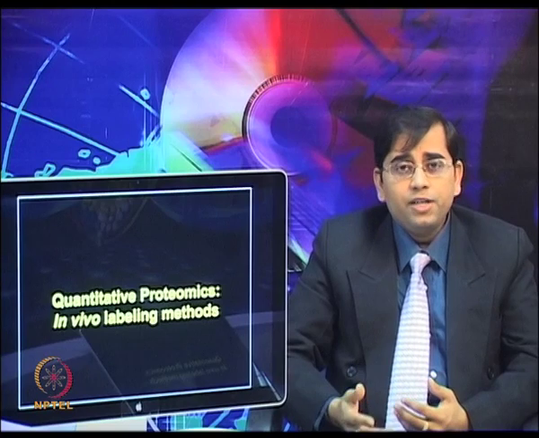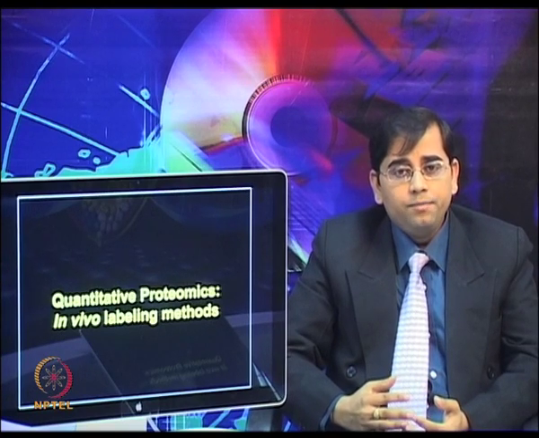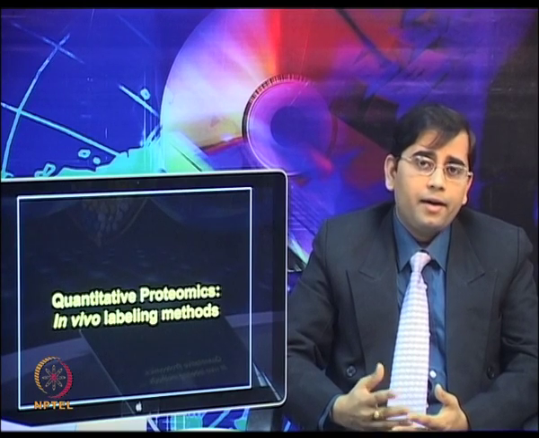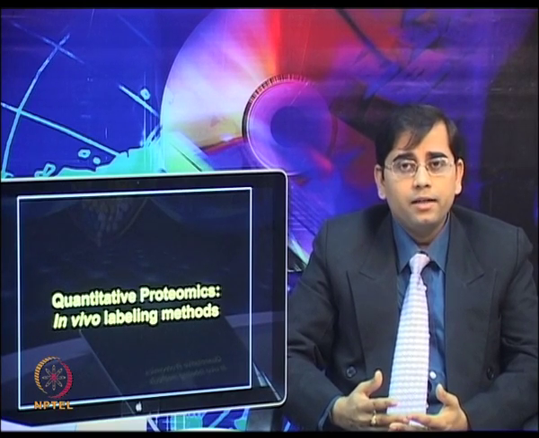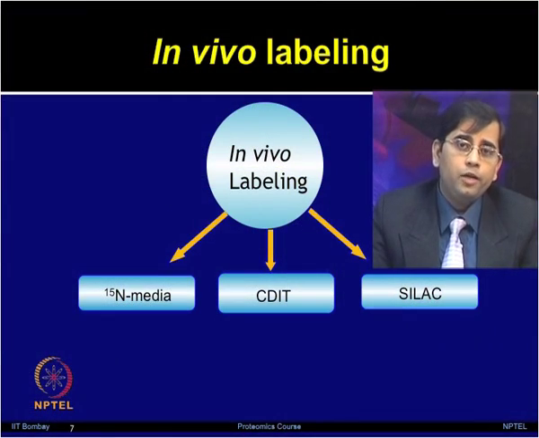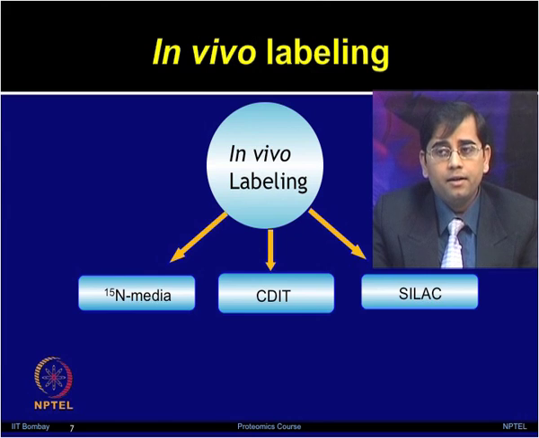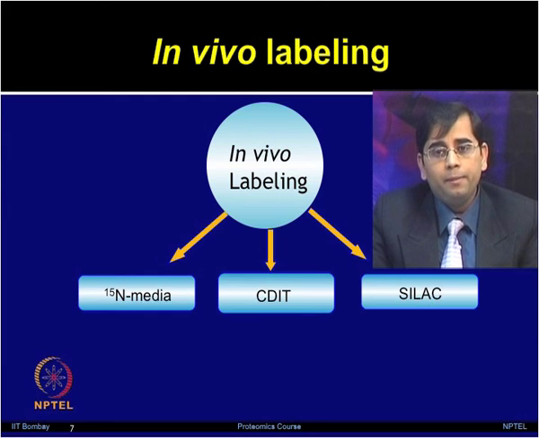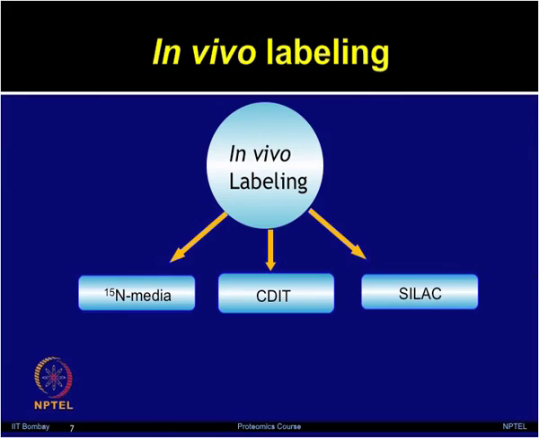These differentially labeled peptides with stable isotopes can be distinguished by characteristic mass shift in MS. The different ways of in vivo labeling are enrichment of 15N media, culture derived isotope tags or CDIT, and stable isotope labeling by amino acids in cell culture or SILAC.